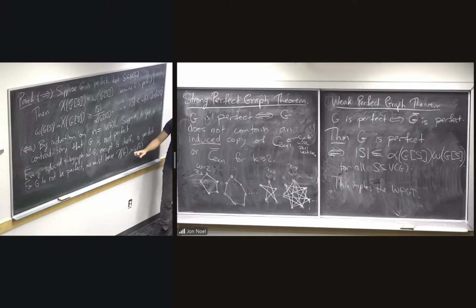So it must be that G itself is the only reason why G is not perfect, if that makes sense.